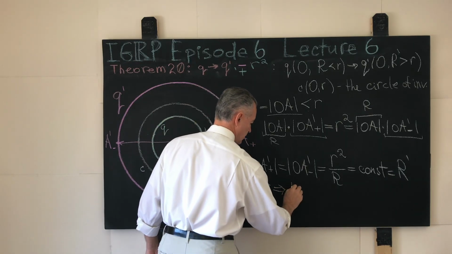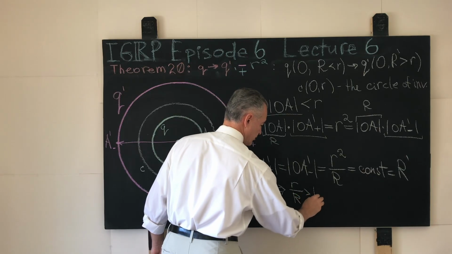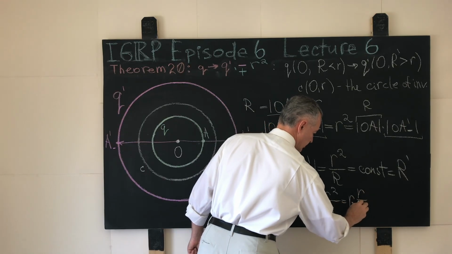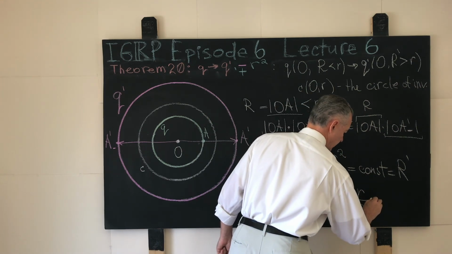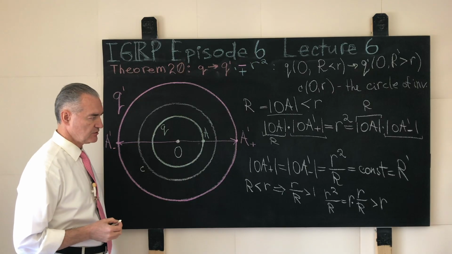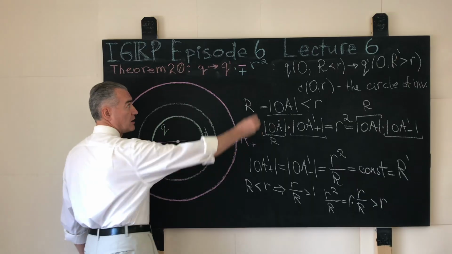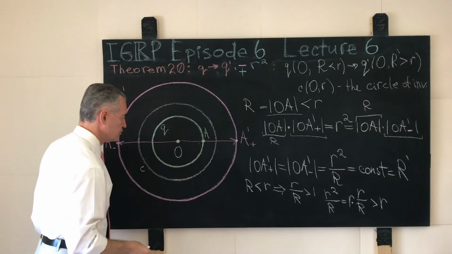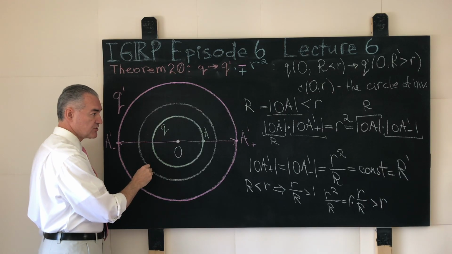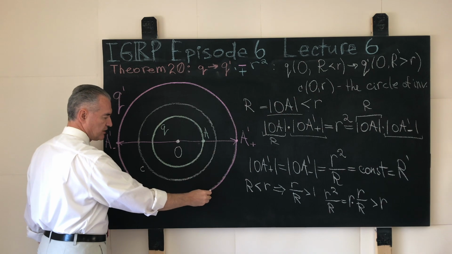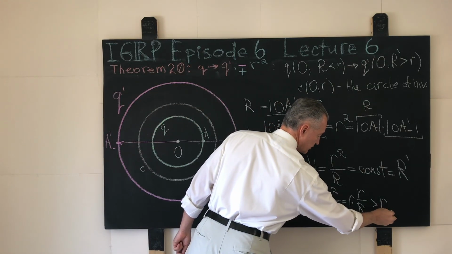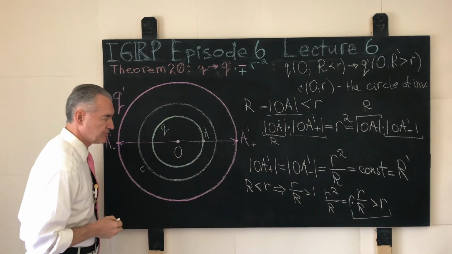That means that R divided by the radius of Q is strictly larger than 1, and then R squared over the radius of Q is equal to R times that ratio, and that is always larger than R. That string of manipulations is quite straightforward, and voila, regardless of the power of inversion, be that power positive or negative, the image of the circle Q that is concentric with the chosen circle of inversion C will be a circle that is also concentric with the circle of inversion C, that circle right here shown in red, Q prime, but that circle will be located strictly outside of the chosen circle of inversion.